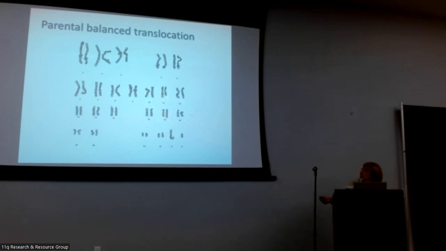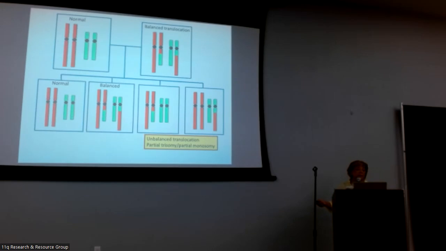So this is an 11-17 translocation. And so if you have normal parents and a carrier of a balanced translocation, you can have normal, balanced, unbalanced with trisomy, unbalanced with monosomy. Okay.